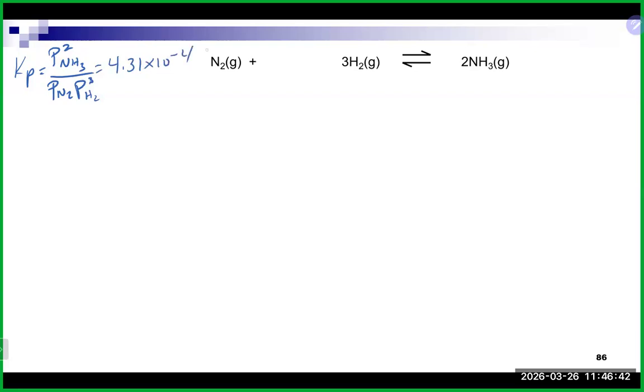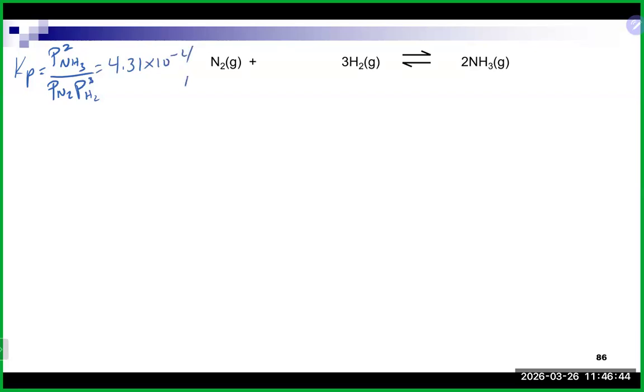So let's just flip the page here. We'll borrow that there. We can write our Kp expression, which in this case is the partial pressure of NH3, squared, divided by the partial pressure of N2 and the partial pressure of H2, cubed, and that's going to equal 4.31 times 10 to the minus 4.